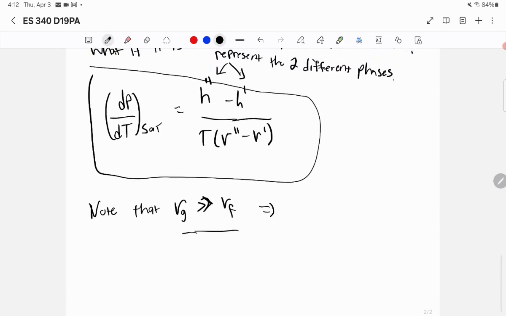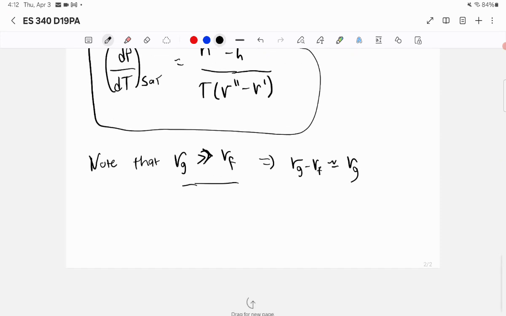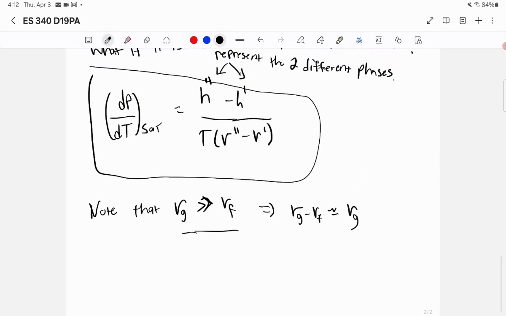So that means that VG minus VF is approximately equal to VG. So if that's the case, then basically we can replace VG, also assuming that it's an ideal gas.